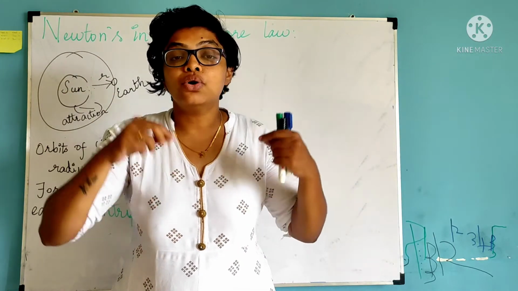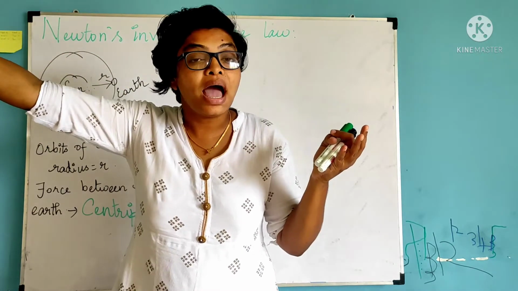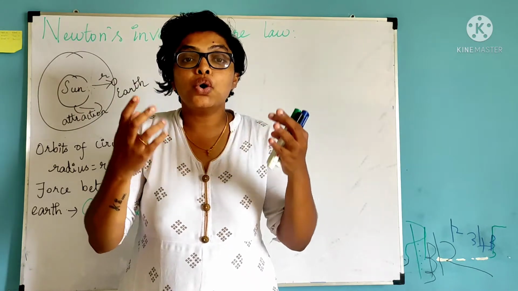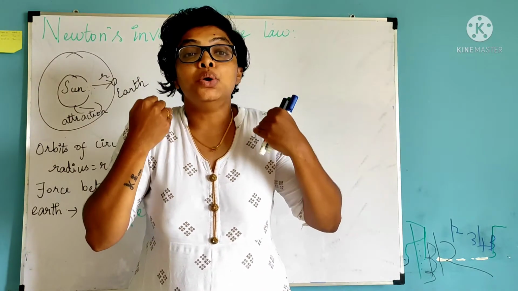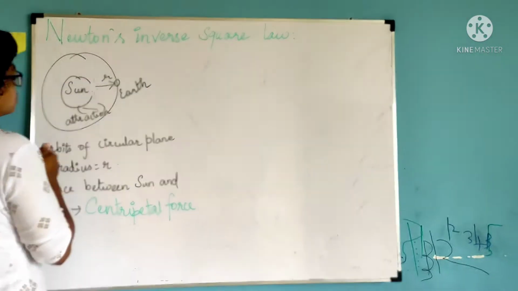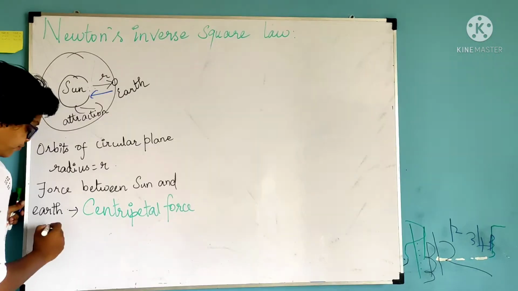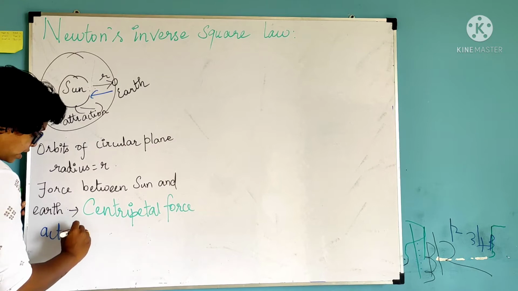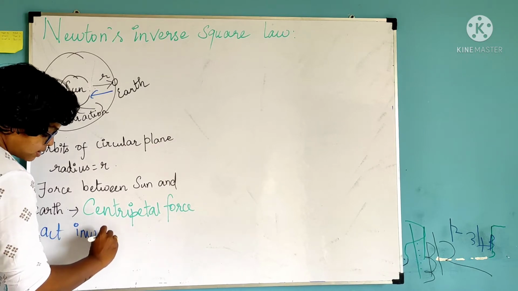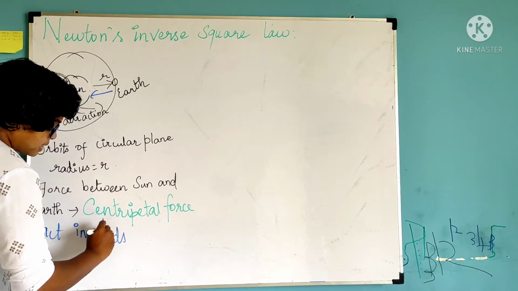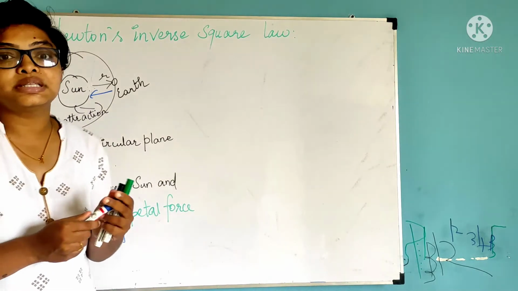It will come and hit you, or it may fly away from your hand. Both can happen. So the force should act inwards. The force that acts inwards is called the centripetal force here.